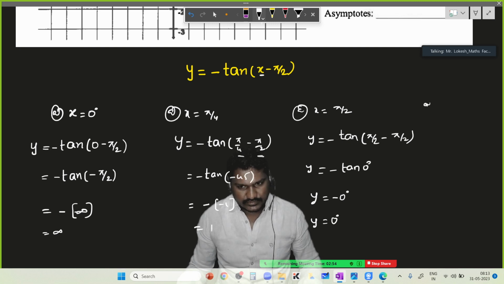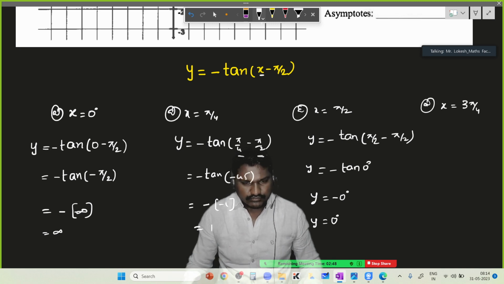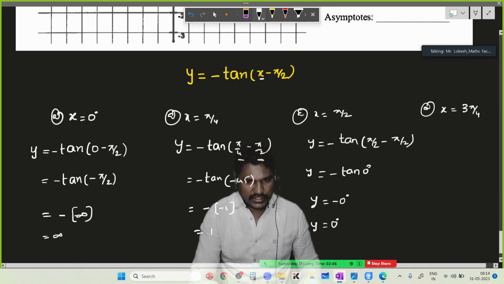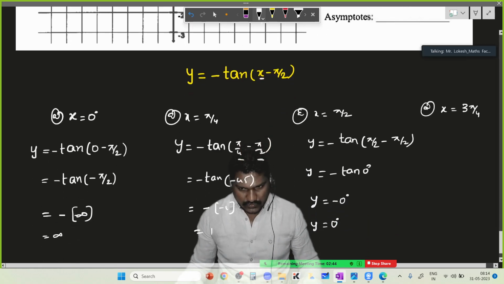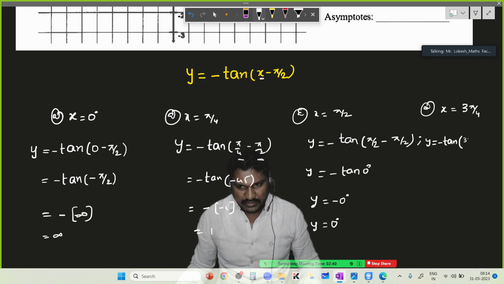Next, at x is equal to 3 pi by 4, y is equal to minus tan of 3 pi by 4 minus pi by 2. Therefore y is equal to minus tan of, 3 pi by 4 is 135, 135 minus 90 is 45.